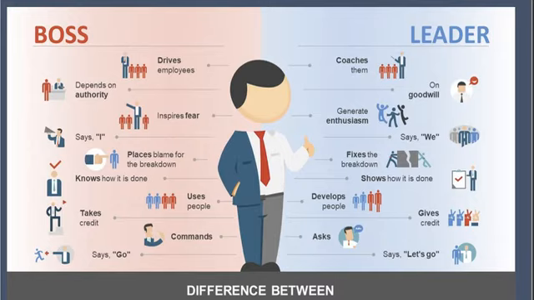Instead of using people and taking credit away from employees, a leader needs to give credit to people. When your employee is doing a great job, give credit to them. So those are the differences between a demanding boss and an effective leader.